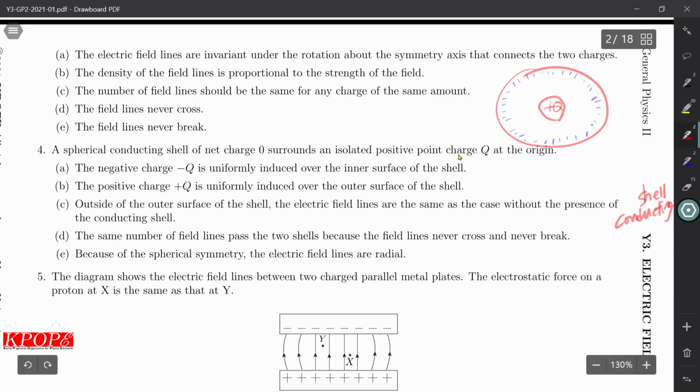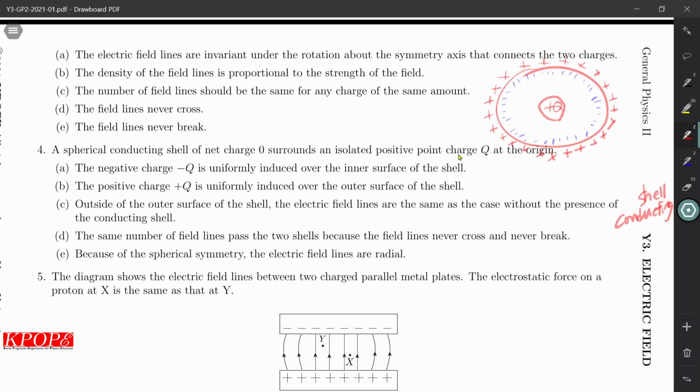Therefore, there should be positive charges. Because of the Coulomb repulsive force between positive charges, these positive charges are just outside the shell.